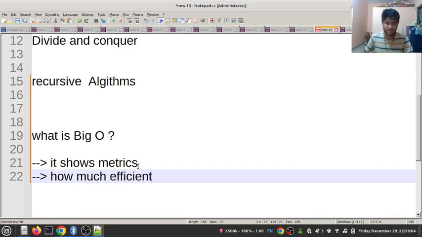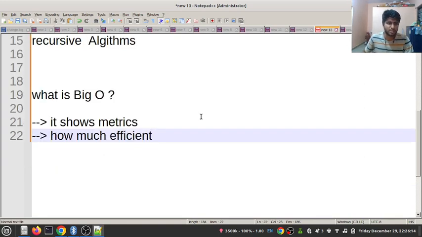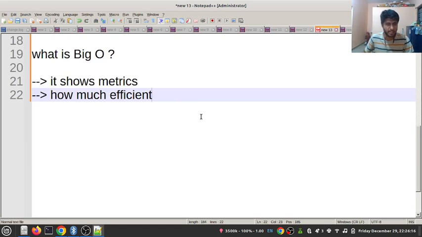In the previous video we discussed how many types of algorithms there are. Now we are discussing what Big O is, and we understood it. Big O is a language which shows the metrics, and second, it talks about how efficient the algorithm is.